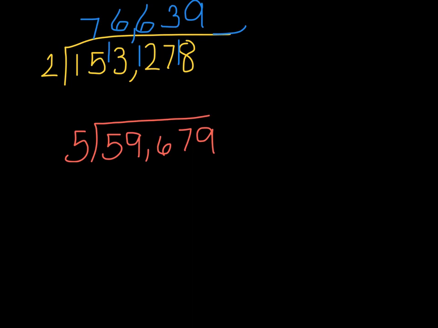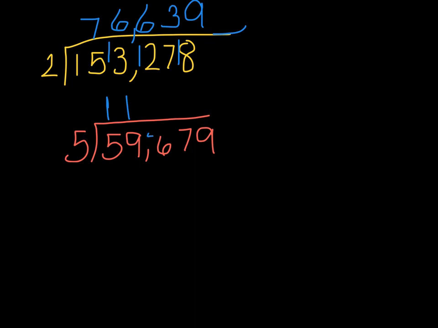So we first have 5 goes into 5 one time. 5 times 1 is 5. So I have 5 minus 5 equals 0. So now I have 5 goes into 9 one time. 5 times 1 equals 5. 9 minus 5 is 4.